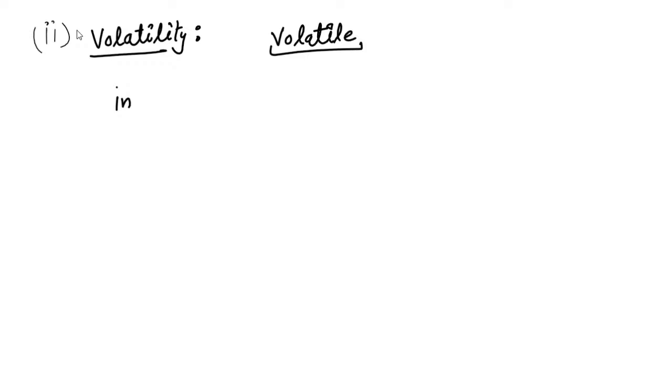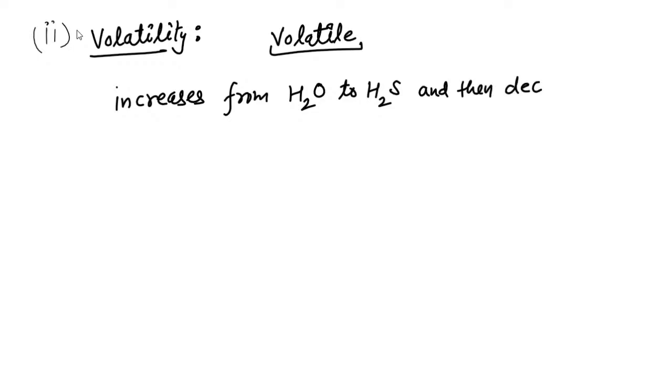First it increases, okay. Volatile nature increases from H2O to H2S, and then decreases from H2S.